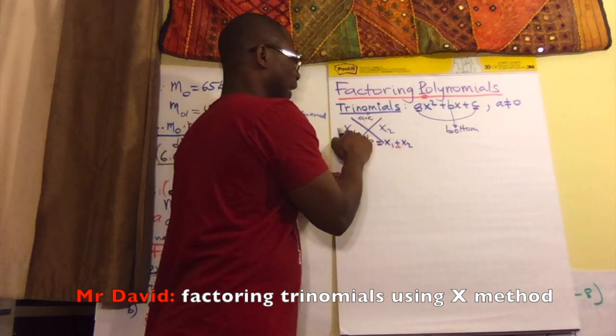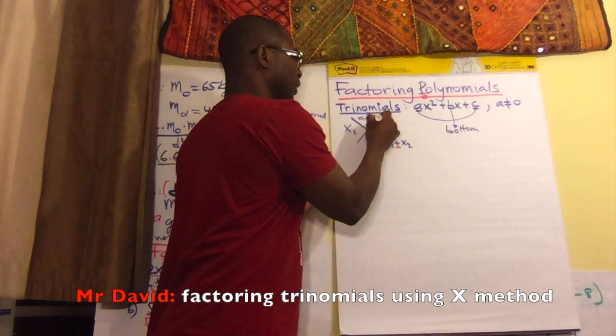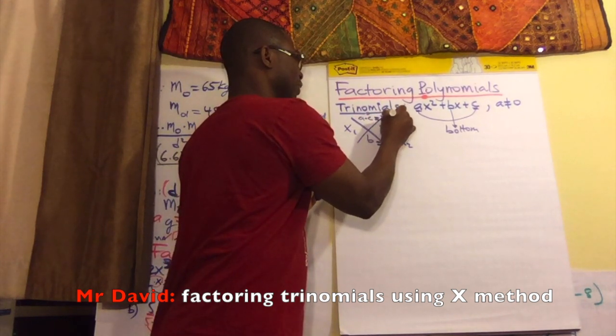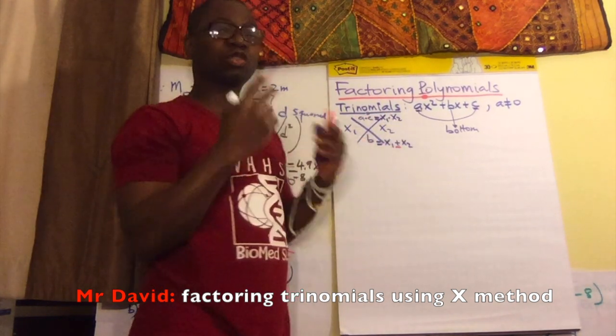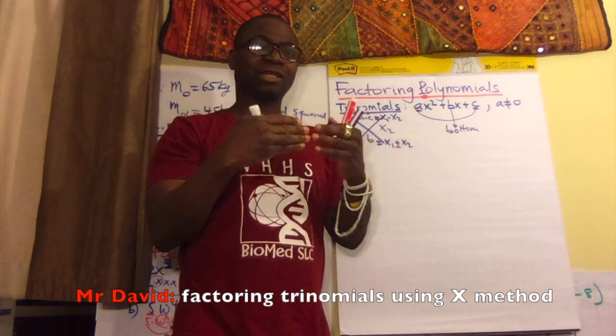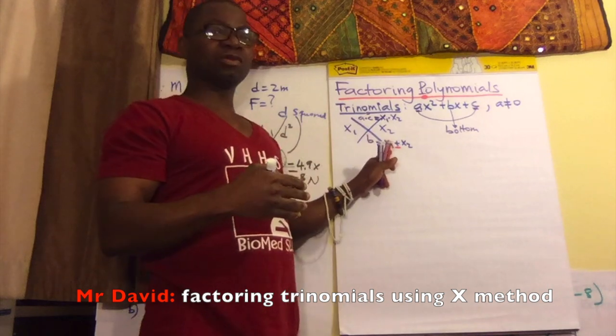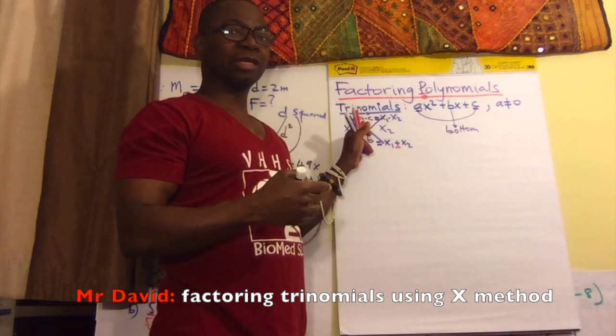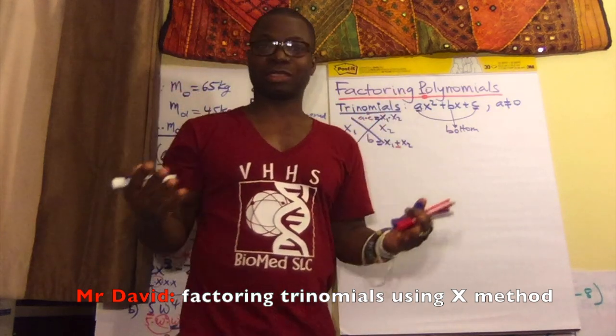So x1 times x2 has to be AC. We want to find two numbers with these two conditions: when you add them up, you get B, and when you multiply them, you get AC on top. Those two conditions are really important, guys.